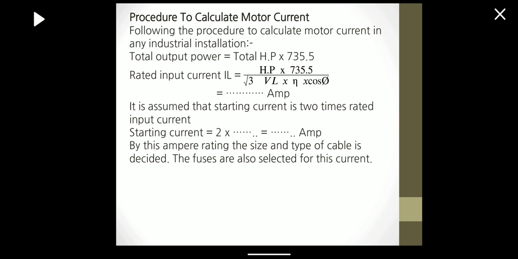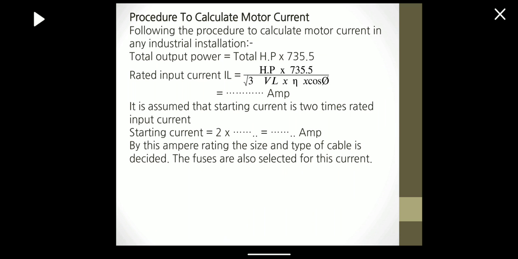Then the rated input current IL is equal to HP into 735.5 divided by root 3 into VL into efficiency into cos phi. Calculate the values and put it in amperes. So this is the rated input current IL. It is assumed that the starting current is 2 times the rated input current.